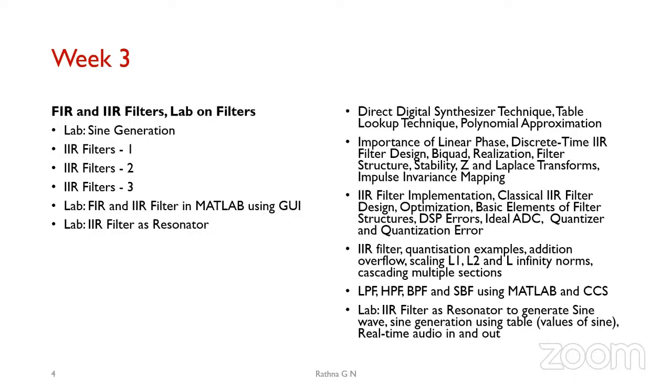The next one is impulse invariance mapping or bilinear mapping. When you are sure of your cutoff frequency and have taken care that no aliasing is going to happen, then you can use the impulse invariance mapping, which is easier to design. But if you are not sure, I think even in the class I mentioned that the stop band frequency in most filters has to be met.